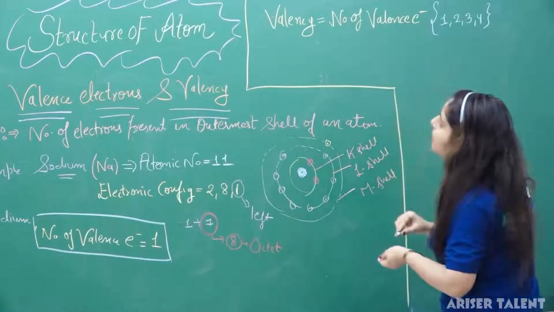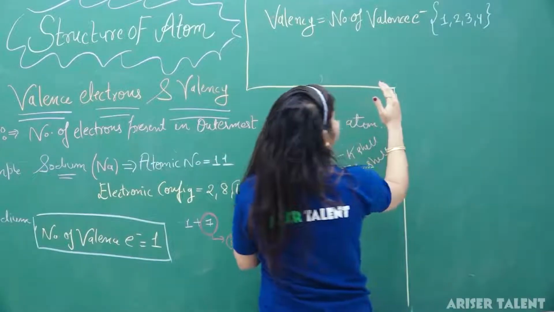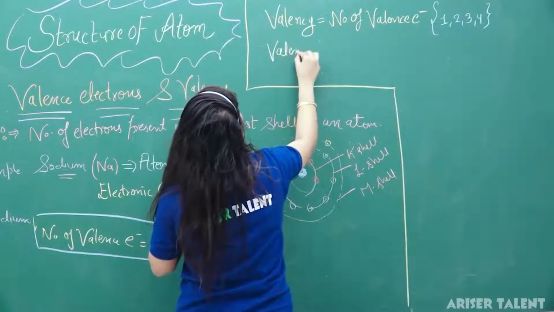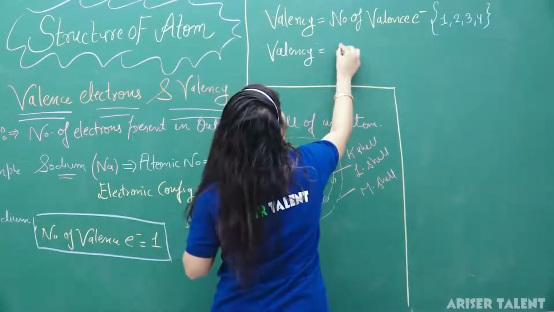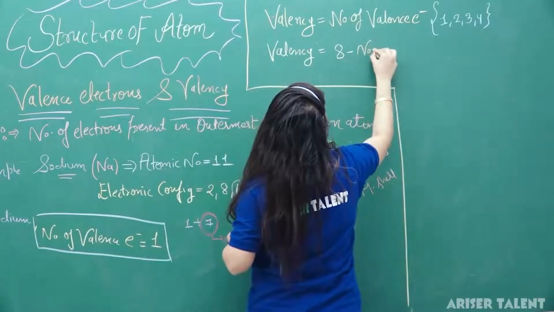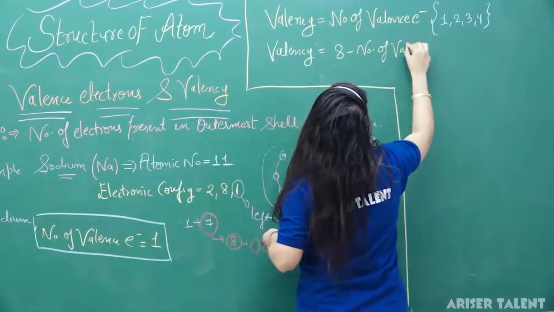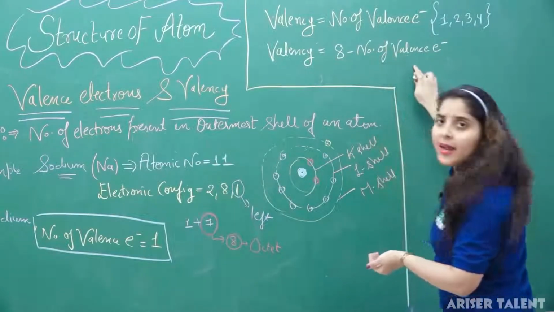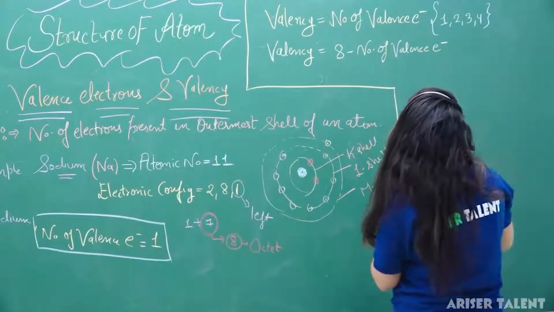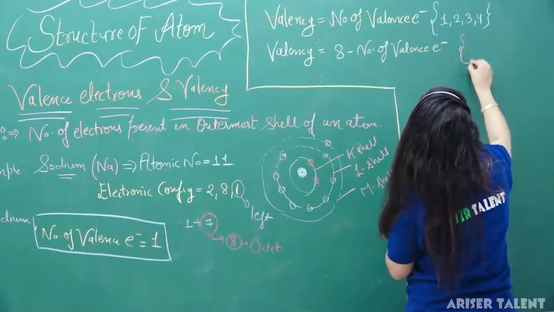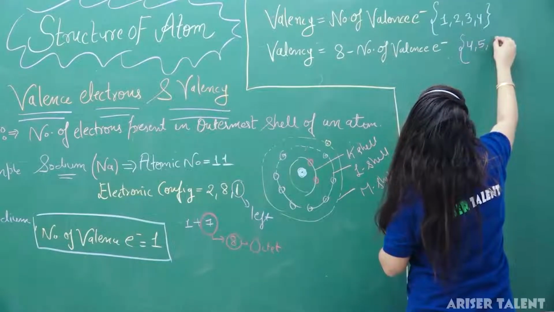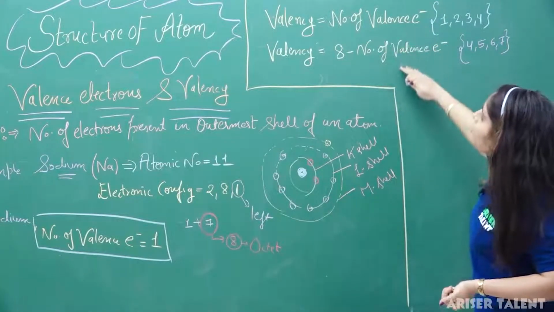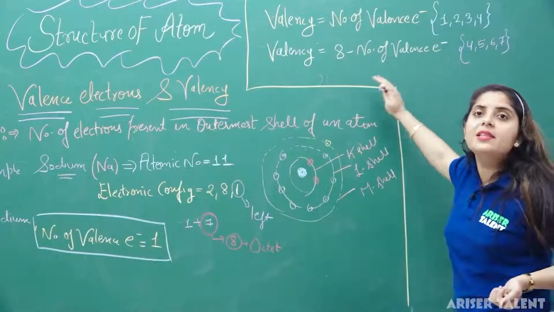But if I want to calculate the valency of higher elements, again we have a formula: valency equals 8 minus the number of valence electrons. This formula will be considered for atoms having valence electrons 4, 5, 6, 7.